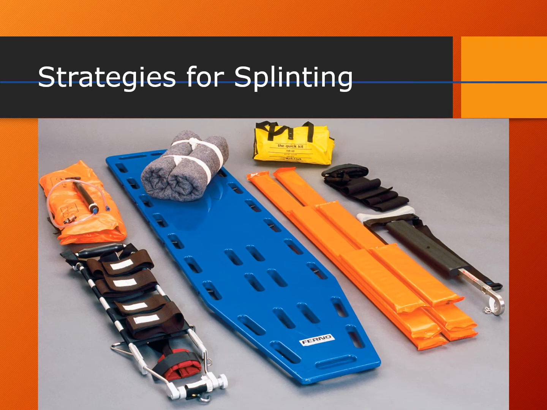We will still want to pad the voids with some type of padding material, whether that be towels or sheets or whatever our service carries, but that is in the very essence of the word a rigid splint. It will not conform, it will not change shape, and we can do a little bit different things to size it up for our patient appropriately, but aside from that, it's not going to move.